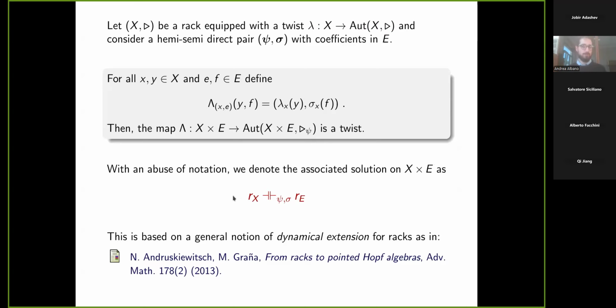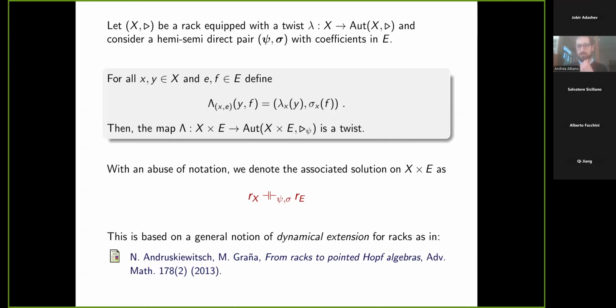Such a twist produces a solution on the set X times E. So with an abuse of notation, we will write this solution in this way, just to stress the role of the two maps of the pair, psi and sigma, where here R_X is the solution that we obtain by the twist lambda on the initial rack (X, triangle), and R_E is just an abuse of notation to denote the twist map on the set E.